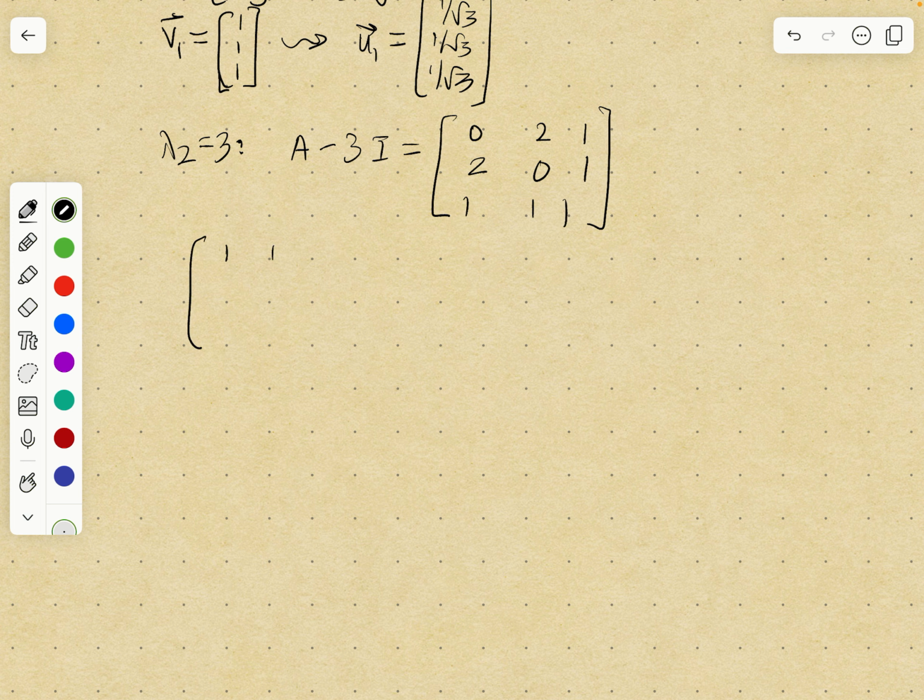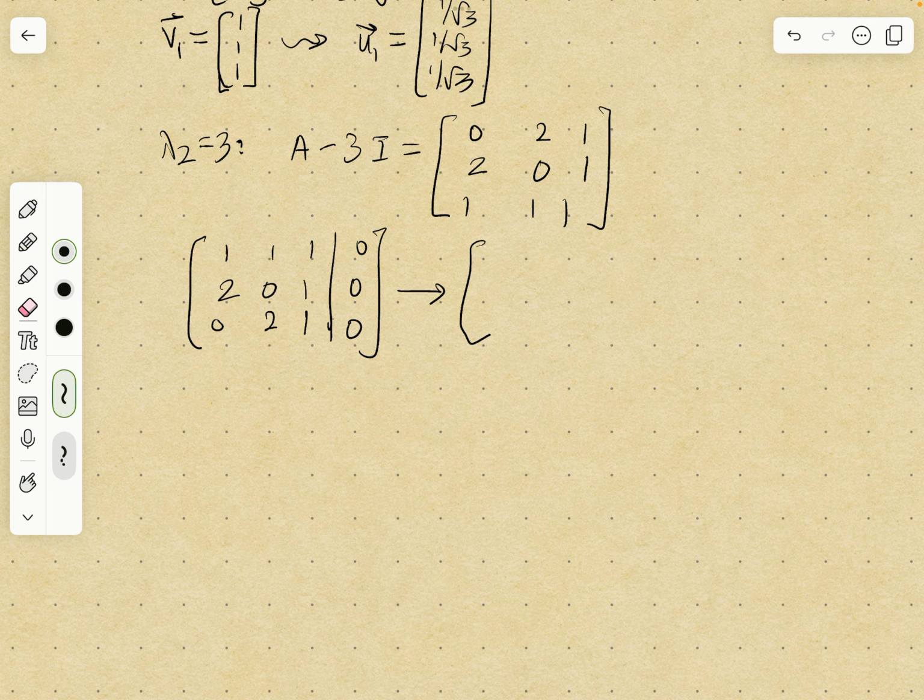And you're going to get this. So remember what we're trying to do is solve A minus 3I times x is 0. So we're solving this homogeneous system. Okay, at least we have a 0 in the 3 1 entry. So that cuts down our steps.